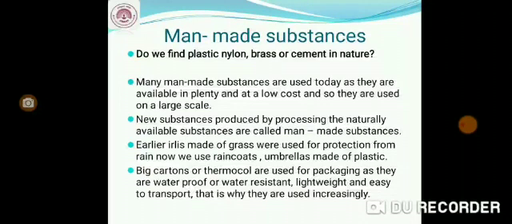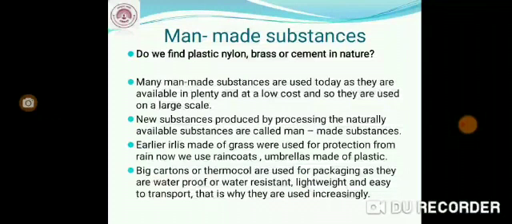There's a cardboard, and there are thermocol pieces inside so that the product reaches your place safe. They are water resistant, waterproof, very lightweight and easy for transportation. Since life becomes easier and more comfortable, all these man-made substances are produced.